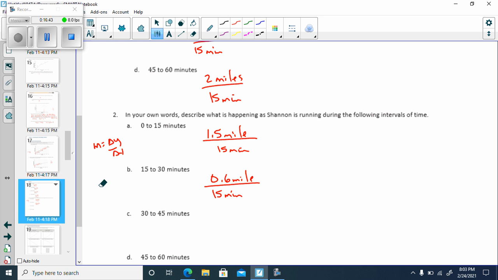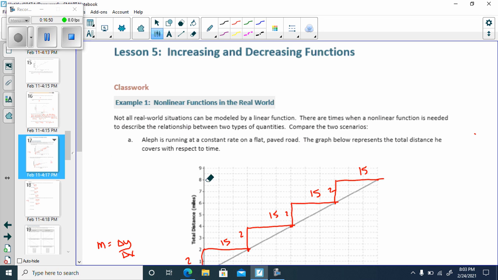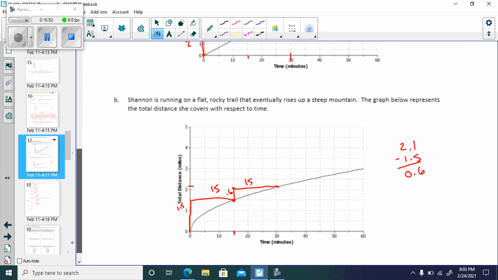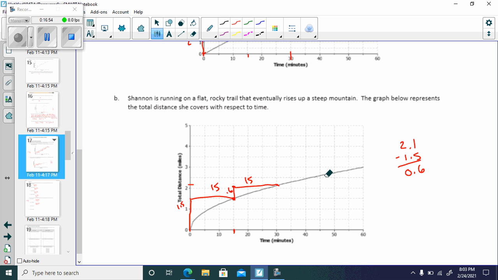Now let's do from 30 to 45 minutes. See, this is not the same rate, so it's not linear. Let's do from 30 to 45 minutes and see what we've got here. That would be at about 2.6, if you look at it. So we're going from about 2.1, which is here, to about 2.6, which is there. 2.6 minus 2.1 would give me 0.5.